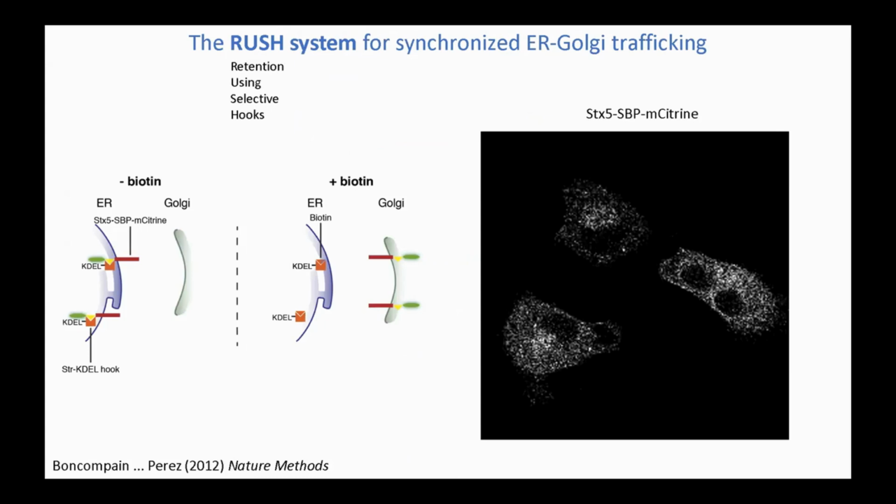So you see the concept here, and I realize this is a complex slide, so please bear with me. RUSH stands for retention using selective hooks. On the left, we express a syntaxin protein fused to the donor fluorophore, mCitrine, and also fused to SBP, which stands for streptavidin binding protein.